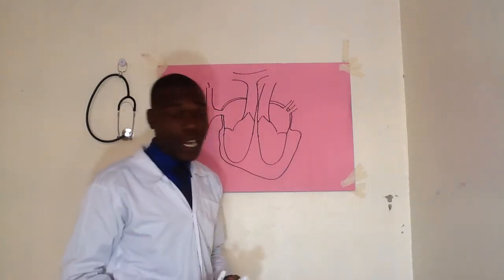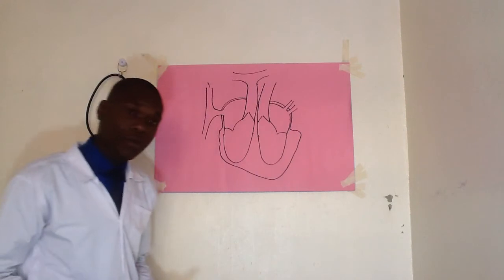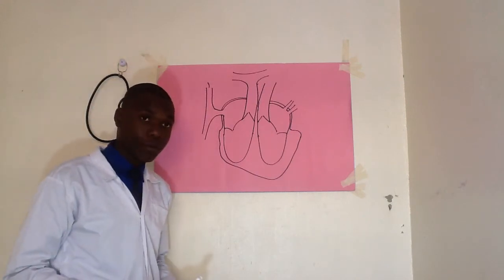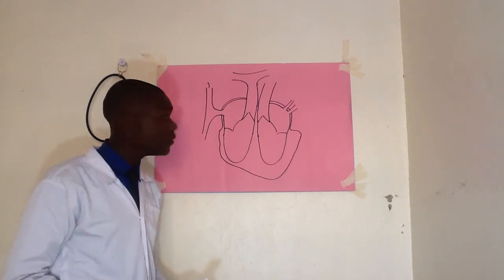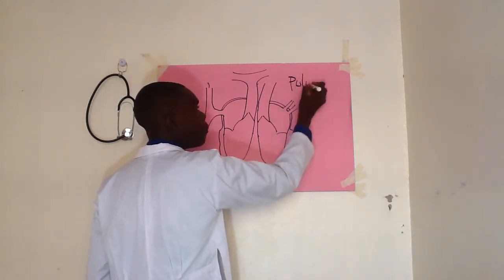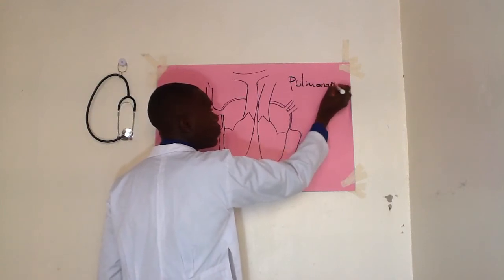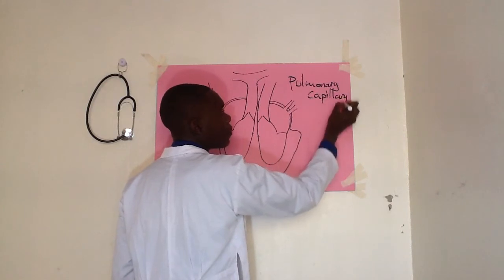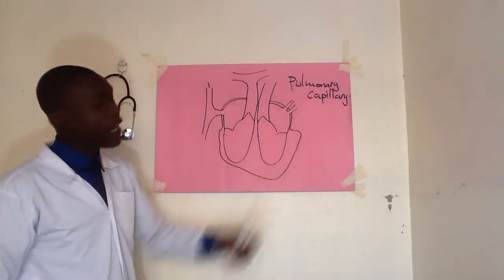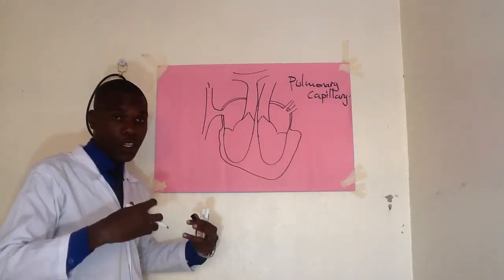When blood reaches the lungs, it picks up oxygen and it has to pass through a set of capillaries known as pulmonary capillaries. The pulmonary capillaries are found within the lungs.